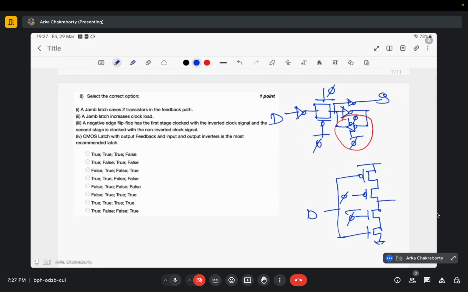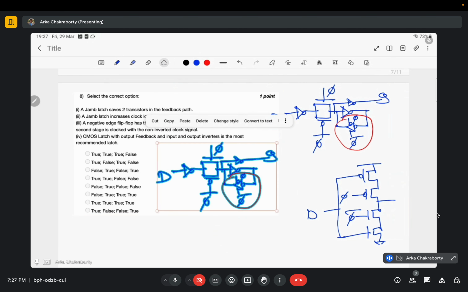Now in the jam latch, what is the structure? Same, let me copy it. This is the jam latch.